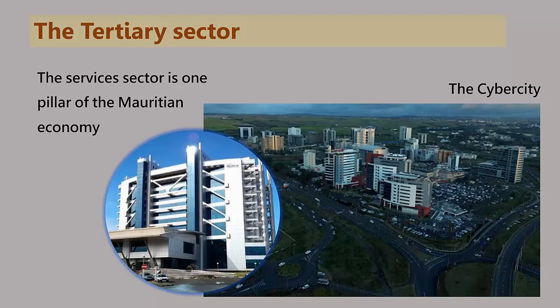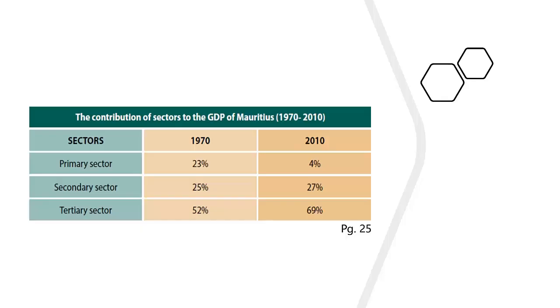Now we shall compare the contribution of each sector of the Mauritian economy after the independence. Open your SMS textbook on page 25. You will find this table. It shows a comparison of the contribution of each sector of the Mauritian economy to the GDP in the year 1970 and 2010.